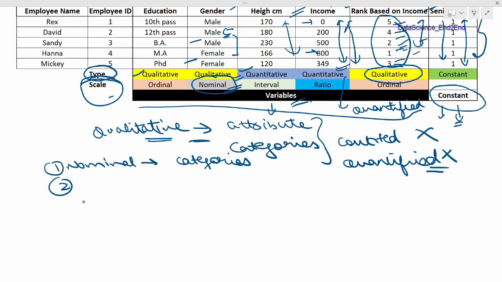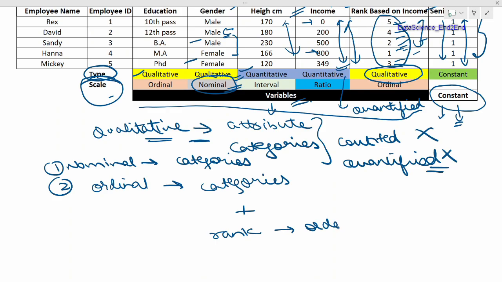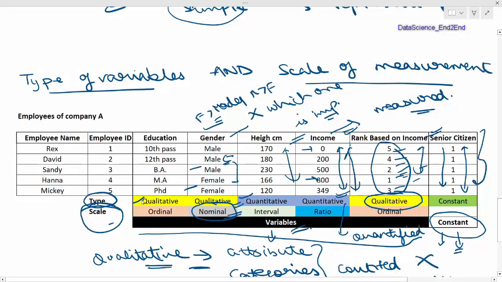Second is ordinal. Ordinal is creating categories similar to nominal, plus it is also creating ranks or order of data. Like in our example, education level 10th, 12th, BA, MA, PhD, these are all categories, but at the same time, we also know that MA is greater than BA and BA is higher than 12th class pass.